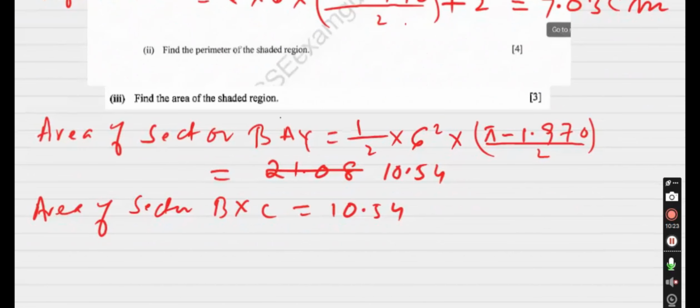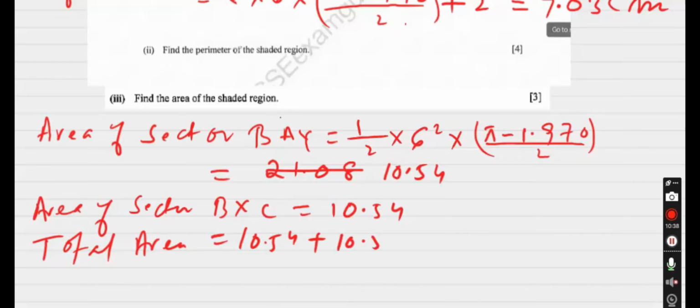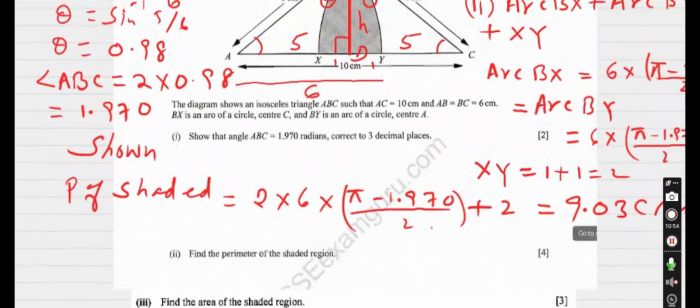Therefore, the area of sector BXC is the same as the area of sector BAY. So total area is 10.54 plus 10.54. This will give you 21.08. But this is not your final answer. This represents the area of the whole diagram.